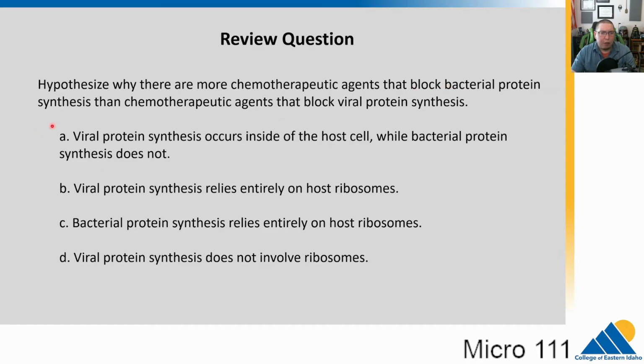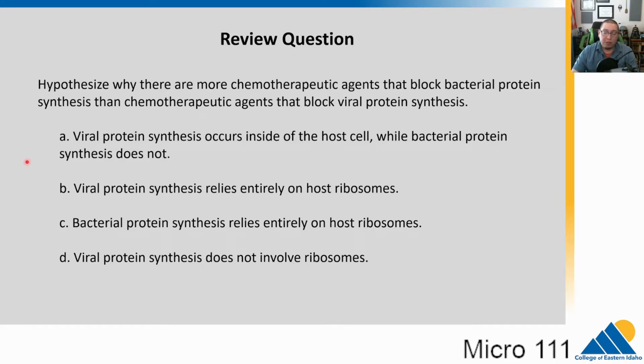Is it A, viral protein synthesis occurs inside the host cell while bacteria protein synthesis does not? Is it B, viral protein synthesis relies entirely on host ribosomes? Is it C, bacterial protein synthesis relies entirely on host ribosomes? Is it D, viral protein synthesis does not involve ribosomes?